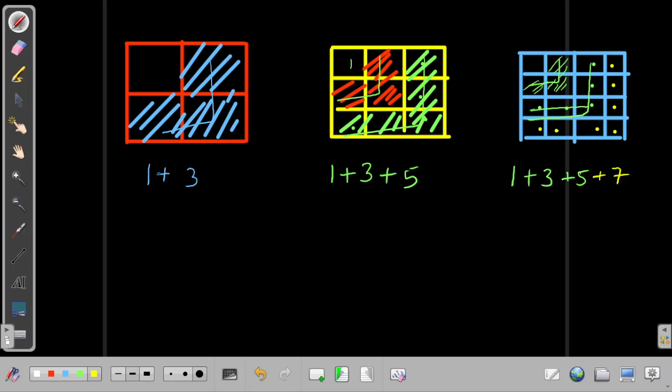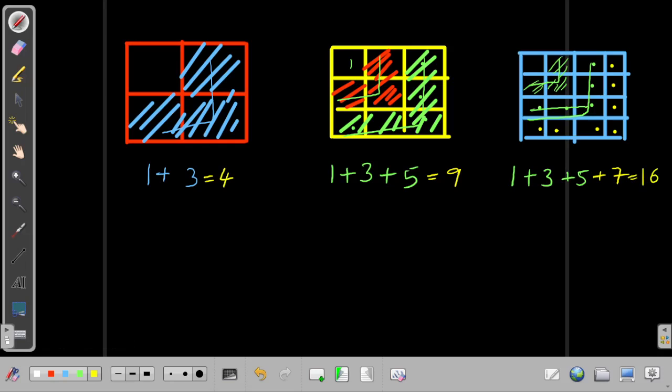Now we will add these. What do we get here? 4. We add this, what do we get? It is 9, right? In total, how many squares are here? Total 16, yes, 16 squares.